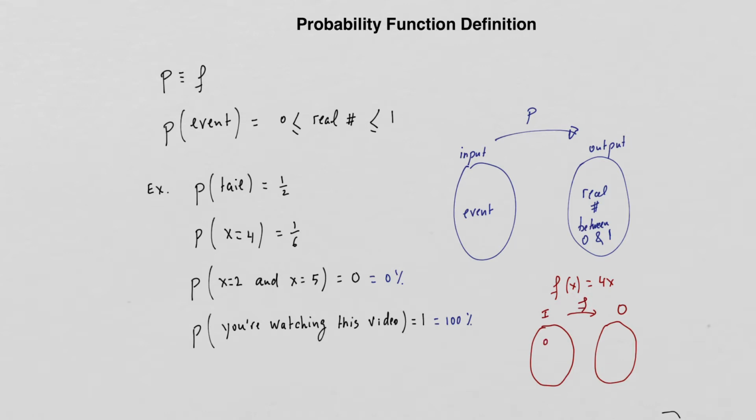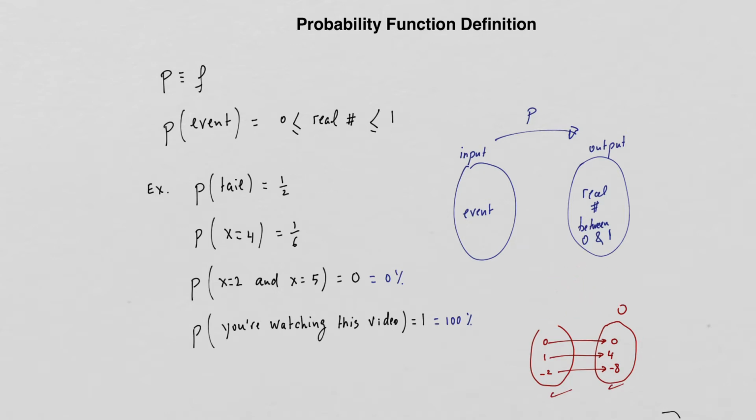So if my input is 0, the image will be 0. If the input is 1, it'll send 1 to 4, and if it's negative 2, it'll send it to negative 8. Make sense? Notice that the input is just a bunch of real numbers, and the output is also a bunch of real numbers. That's what this particular linear function does.